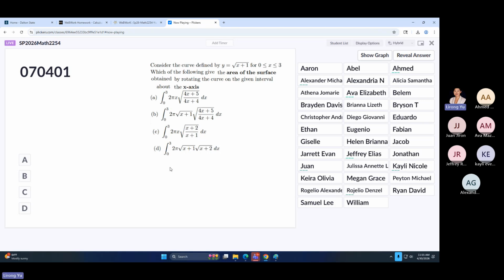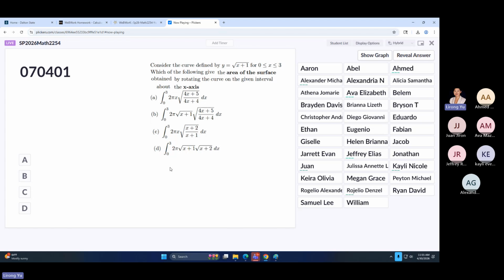So we're revolving the curve y equals x plus 1 from 0 to 3, rotating about the x-axis. The curve is a one-dimensional thing, a line basically, and if you revolve it, you're forming a three-dimensional surface.